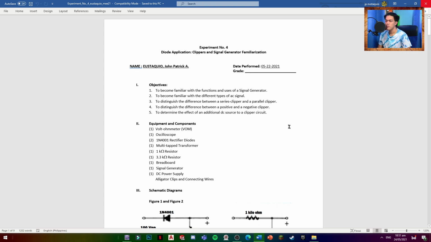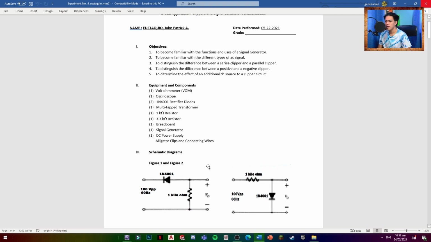First is one voltmeter, and the next is one oscilloscope, and two 1N4001 rectifier diodes, one multi-tap transformer, one 1 kilo ohm resistor, and one 3.3 kilo ohm resistor, one breadboard, one signal generator, and one DC power supply, alligator clips and connecting wires.